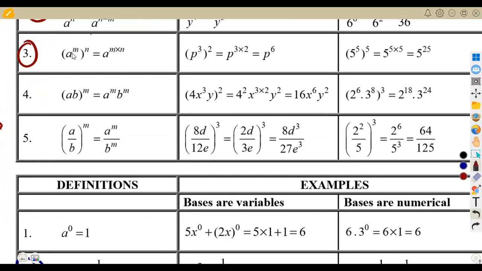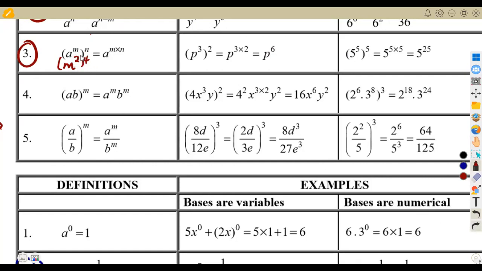Then, if you are raising, like we've got an exponent, a to the exponent of m, then there's another exponent again, which is outside of the bracket. You simply multiply your exponents together. So if I'm given m to the exponent of 2 being raised to the exponent of 4, there is another exponent again.